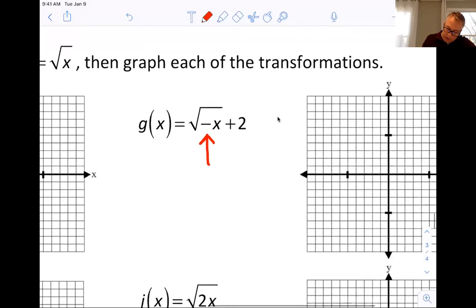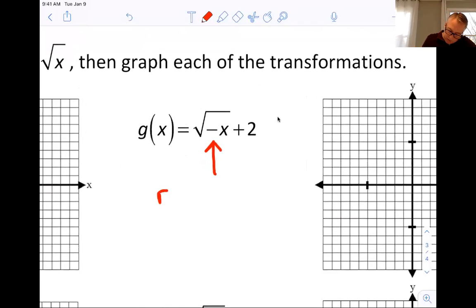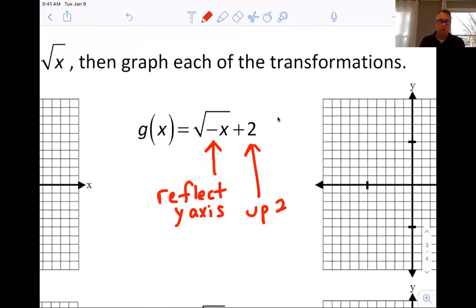If I multiply internally, that reflects over the y-axis, because the negative is inside of the radical. If it was out here, it would reflect over the x-axis. So if it's internal, it reflects over the y-axis. And then the plus 2, that's going to move the graph up 2.